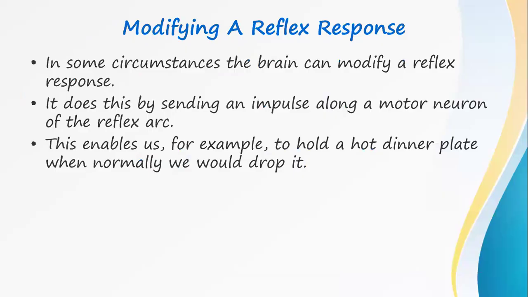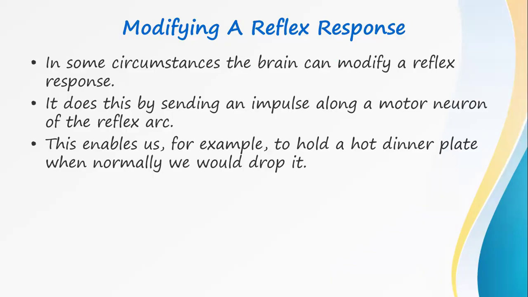Let's see about modifying the stimulus. In some circumstances, the brain can modify the responses to various stimuli. In some of these circumstances, the brain can modify a reflex response. It does this by sending an impulse along a motor neuron of the reflex arc. Now, this is what enables us to hold a hot plate when normally we could not hold it or we would just drop it.